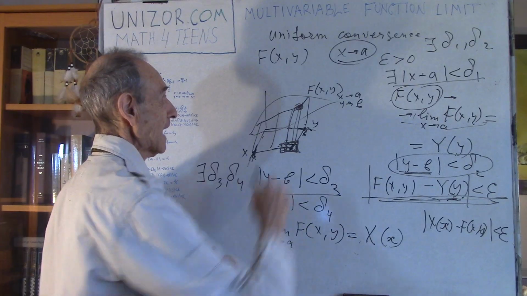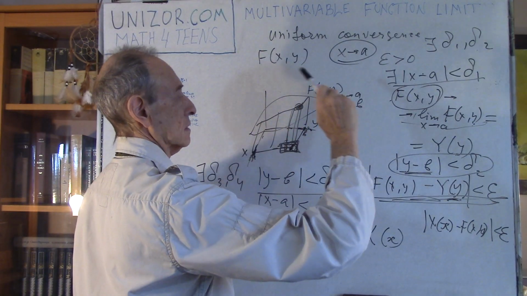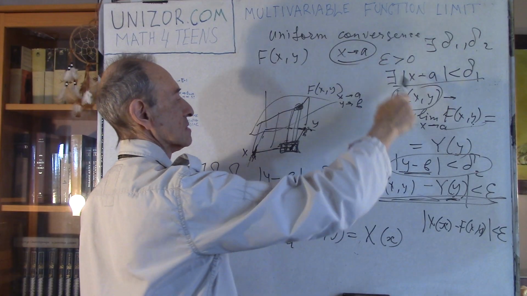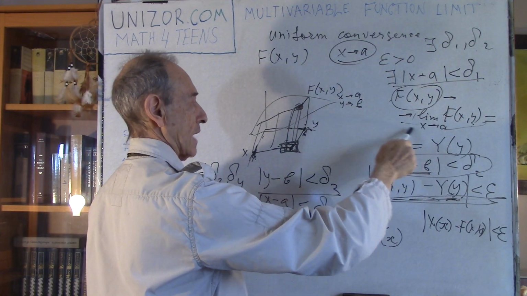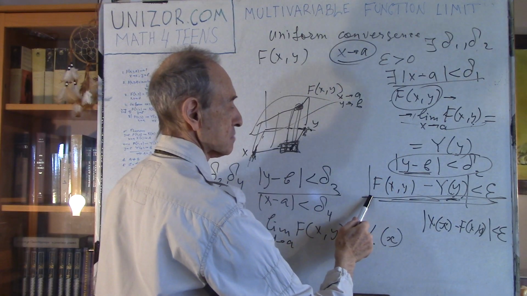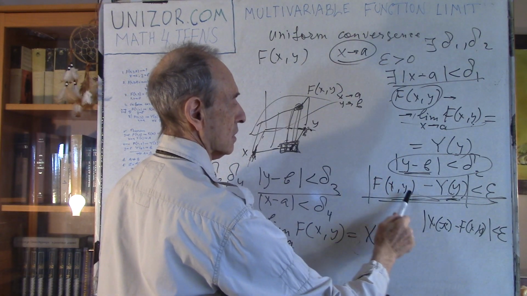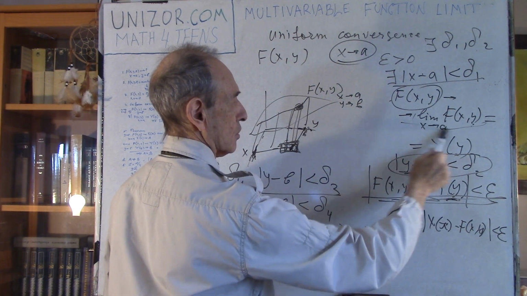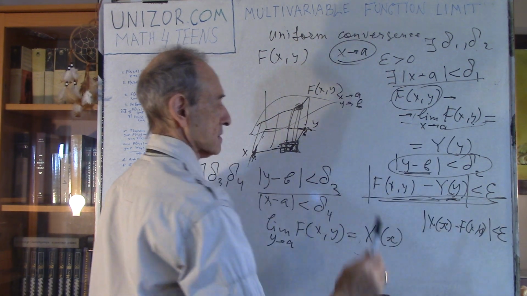So for any epsilon, the uniform convergence by y, if x goes to its limit, is basically closeness between this function and this limit as x goes to a, which would be less than this epsilon.